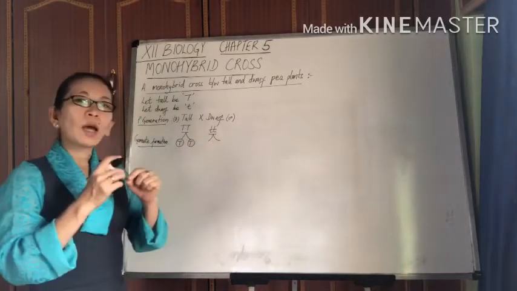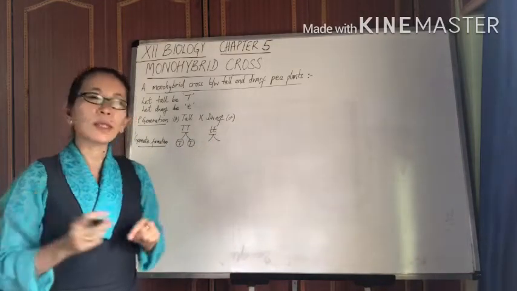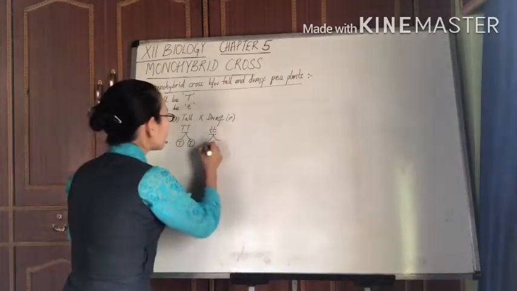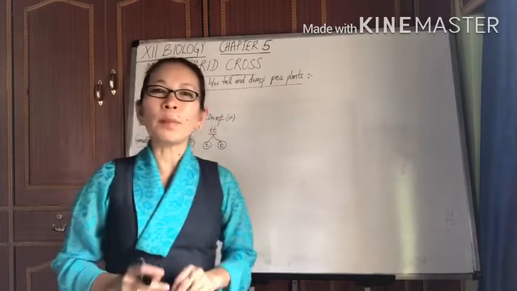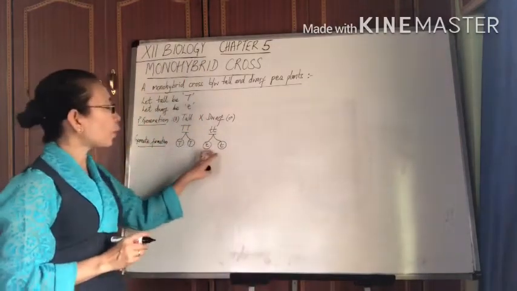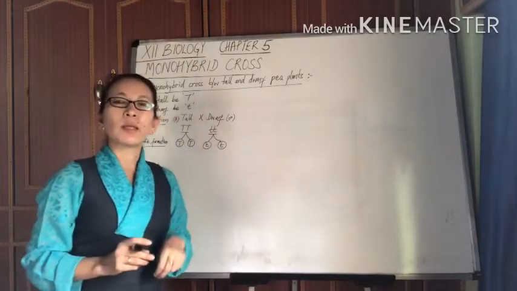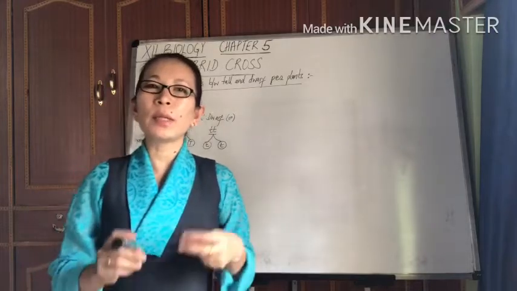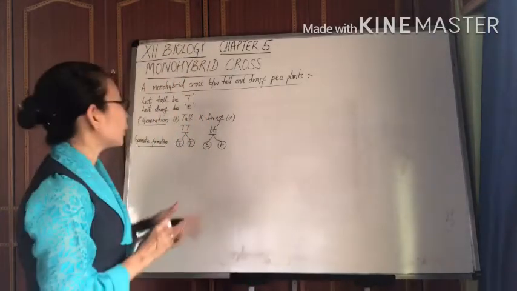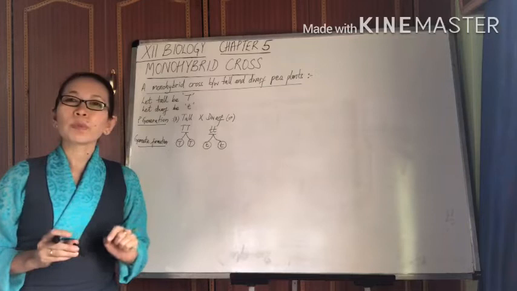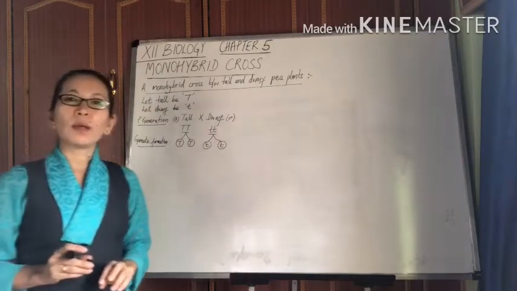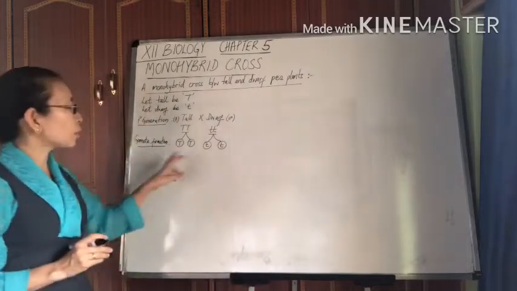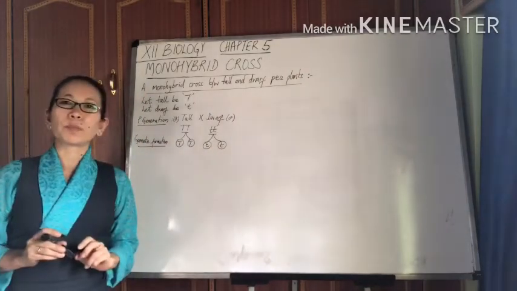Likewise, we have the segregation of the 2 small t's and they are going independently into each of the male gametes. So we have 2 possible male gametes, but the male gametes have the same allele because it was a homozygous parent.